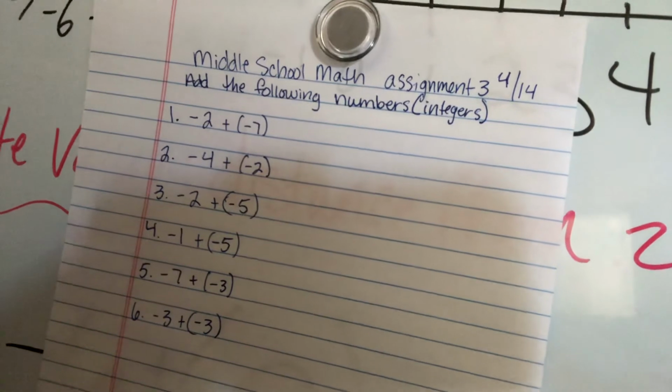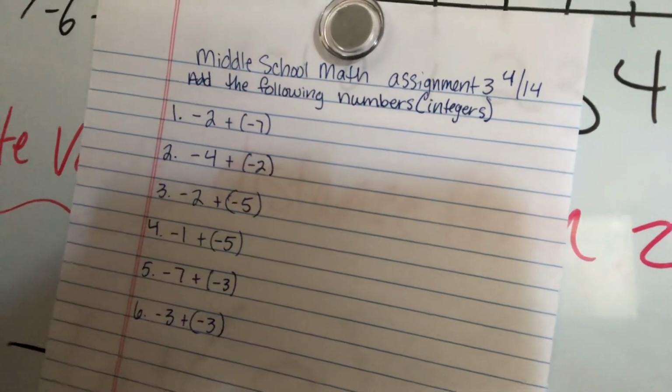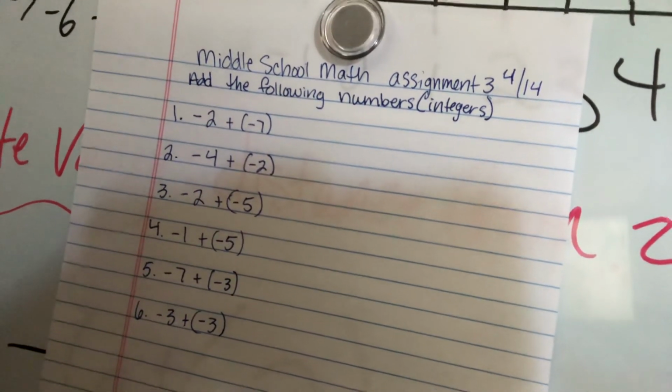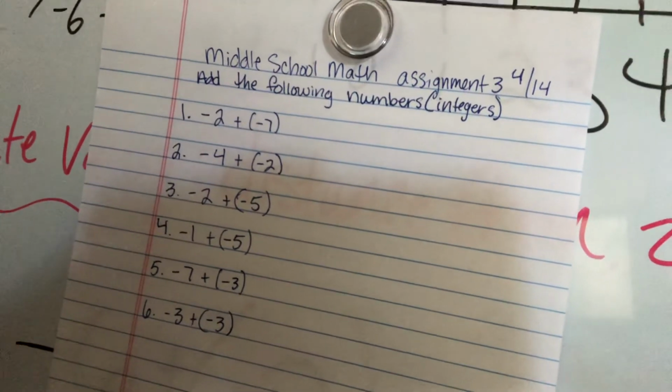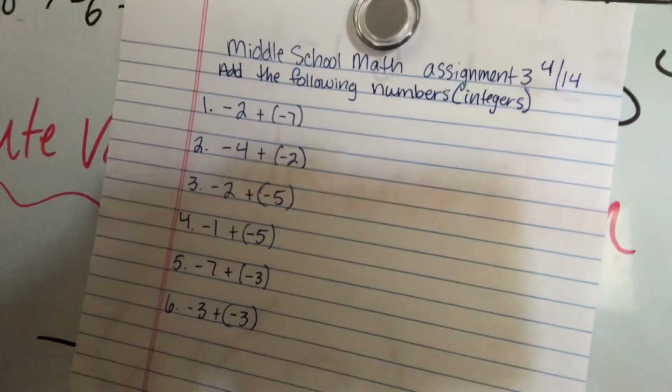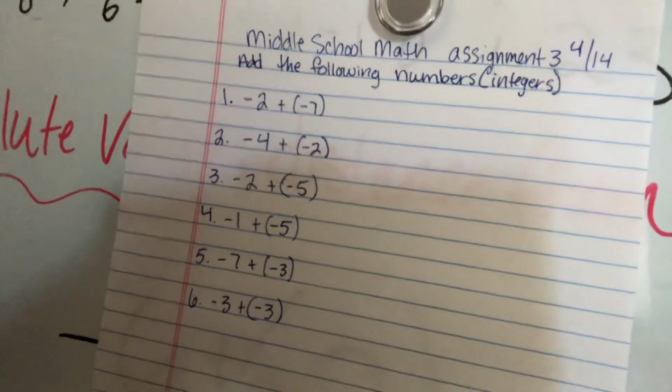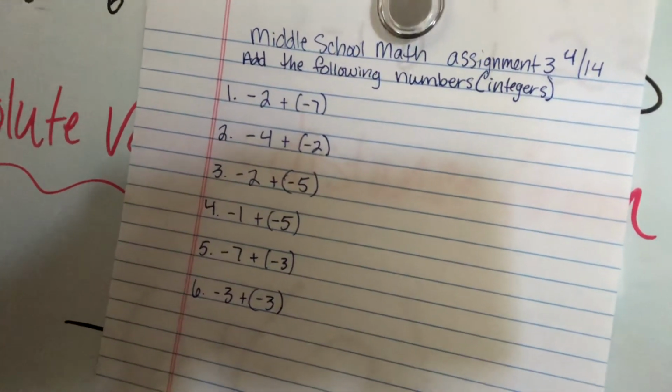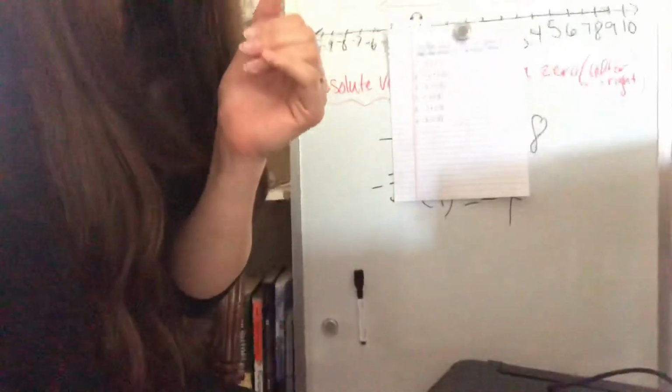So pause it here and write those down: -2 plus -7, -4 plus -2, -2 plus -5, -1 plus -5, -7 plus -3, and -3 plus -3.